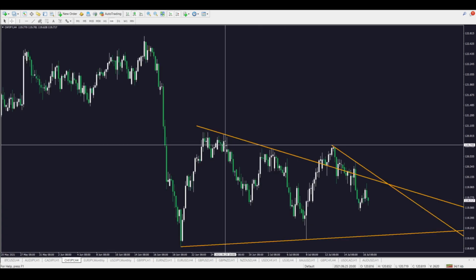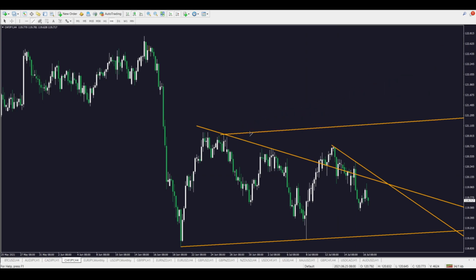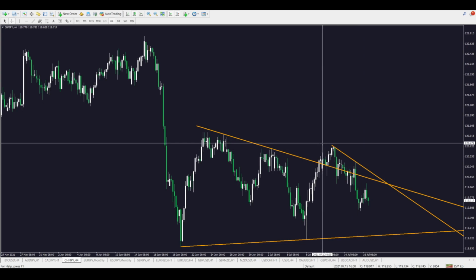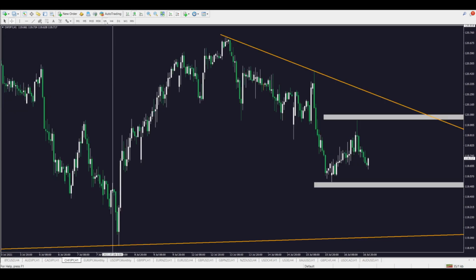H4 price was converging a bit, or still is, I guess. If we had a trend line like this, so price is basically still converging. But the most important trend line for me now is this one. So let's go take a closer look.